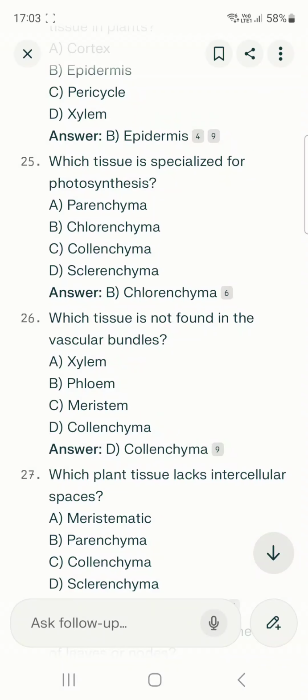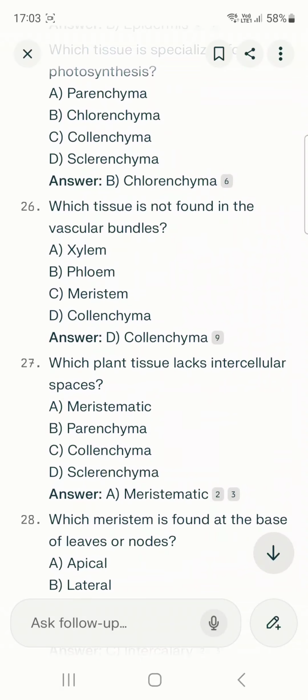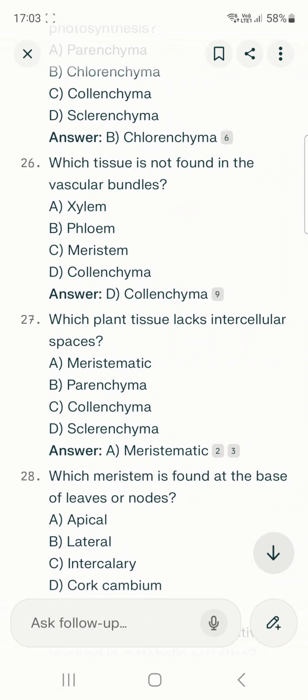Which plant tissue lacks intercellular spaces? Option A, meristematic. And the next question, which meristem is found at the base of leaves or nodes?